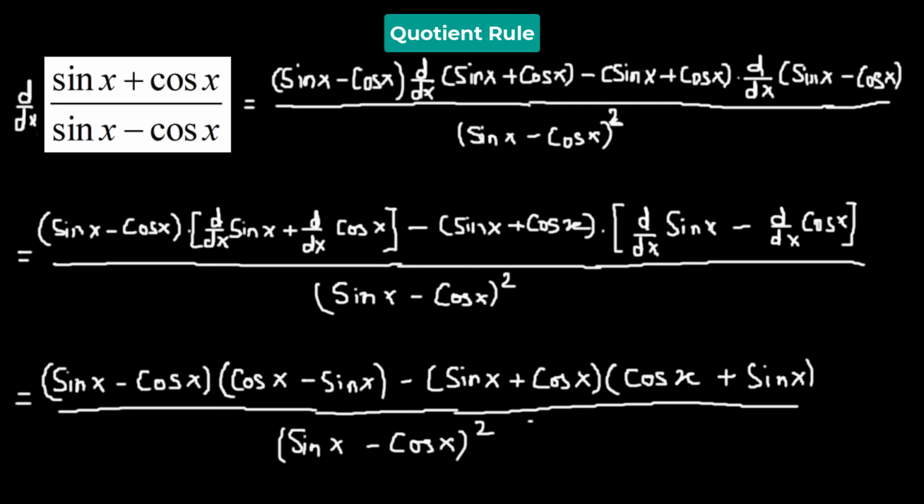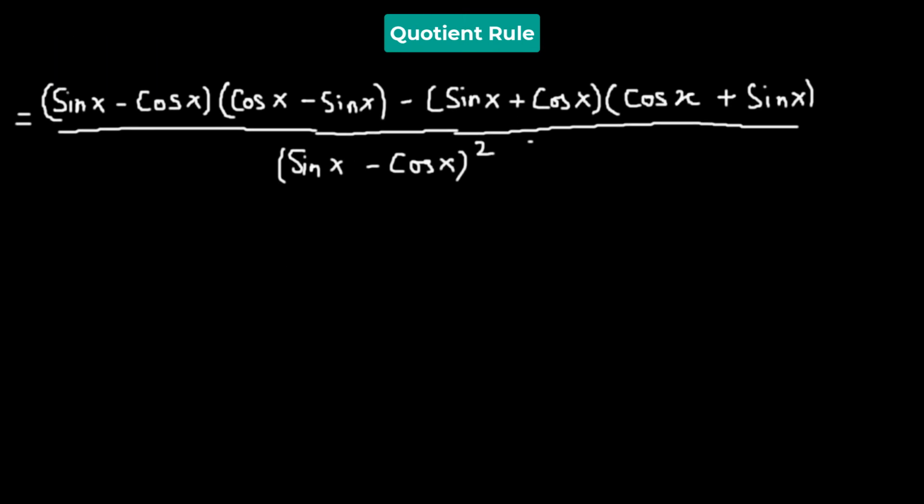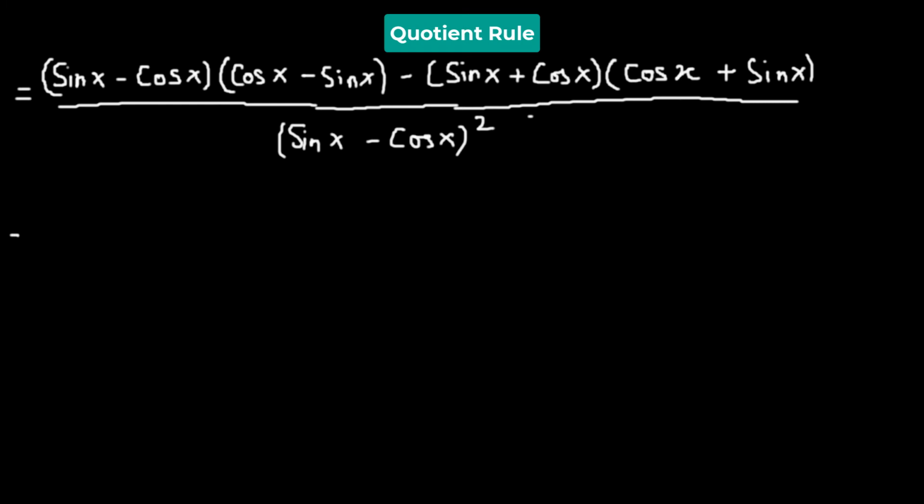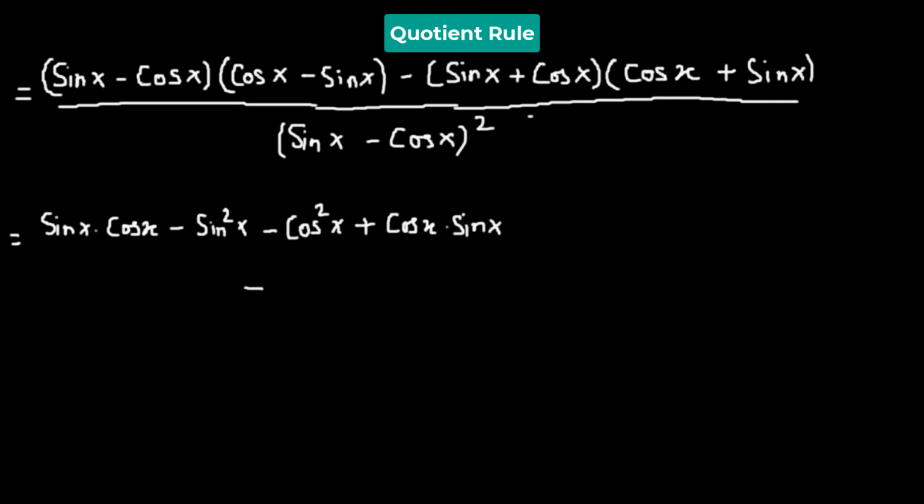Now let us simplify the numerator. So we'll have sine of x multiplied to cosine of x minus sine of x. So that will give us sine x times cosine x minus sine squared x, minus cosine of x multiplied to cosine of x minus sine x will give us cosine squared x plus cosine of x times sine of x. Then for the second term, we have negative sine x multiplied to cosine of x, so that will give us negative sine x times cosine x.